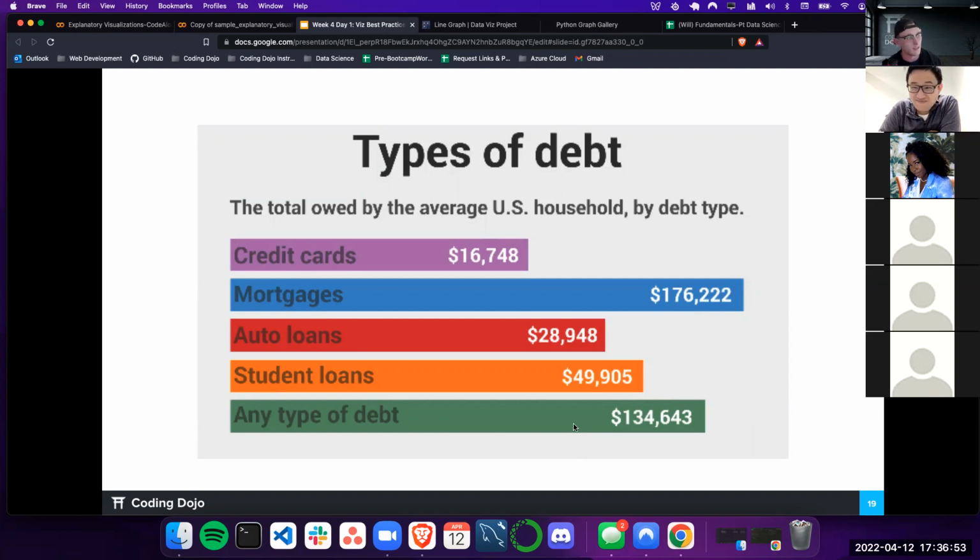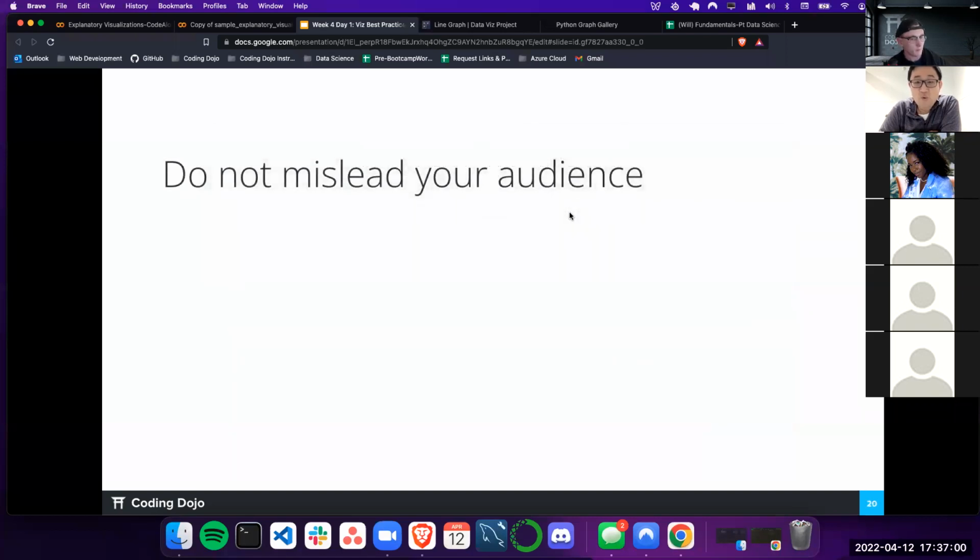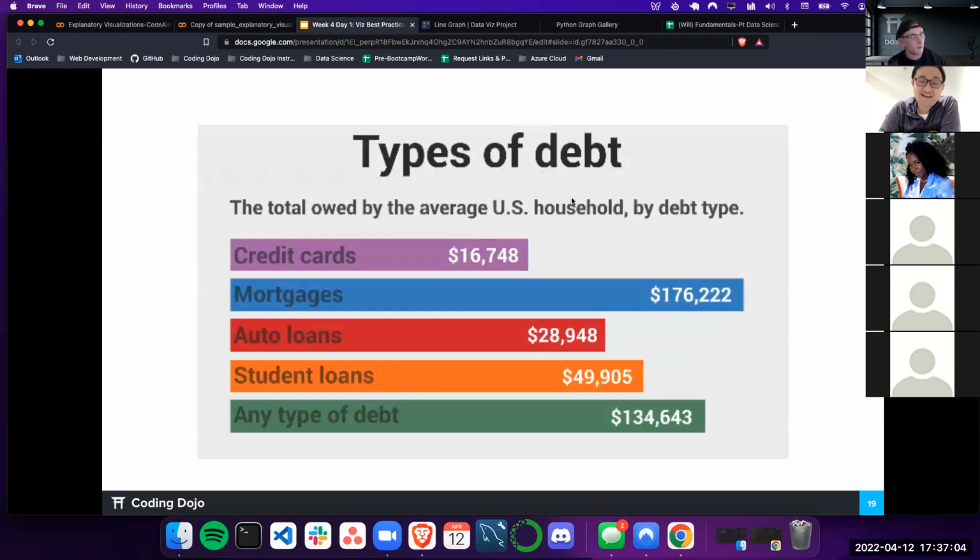I don't quite understand. Devin said a wordy title. I would actually say the title is probably this, types of debt. And then you have this subtitle here that is the total owed by the average US household by debt type.